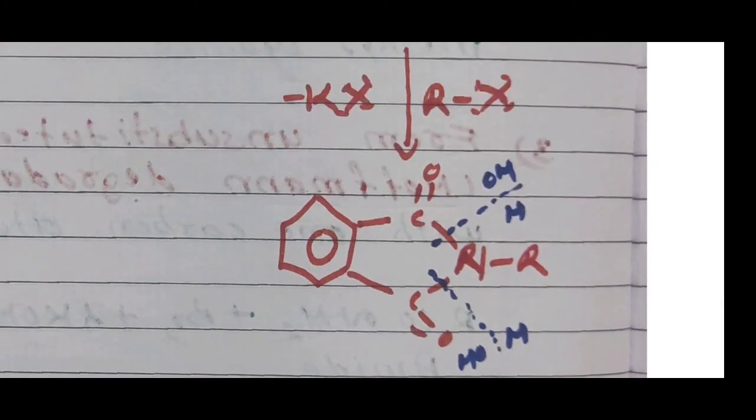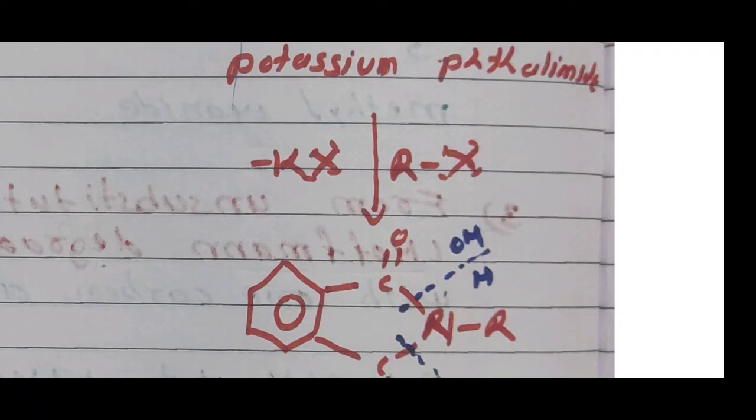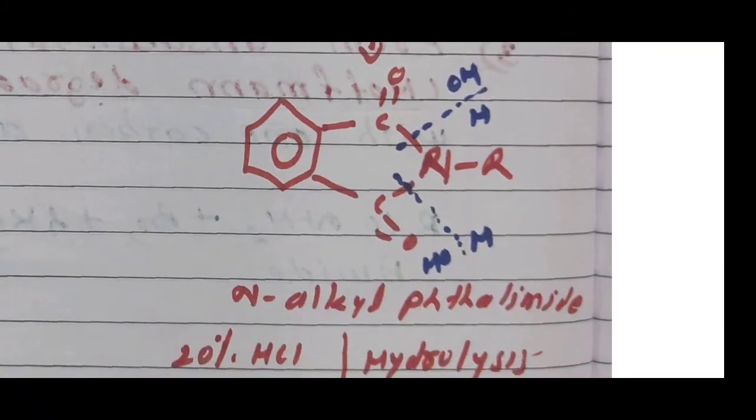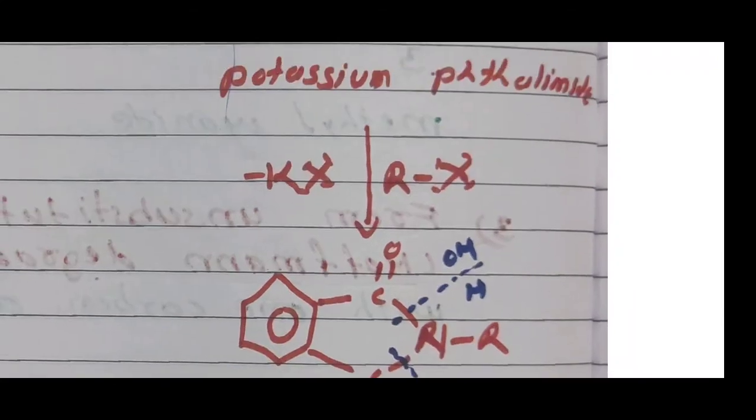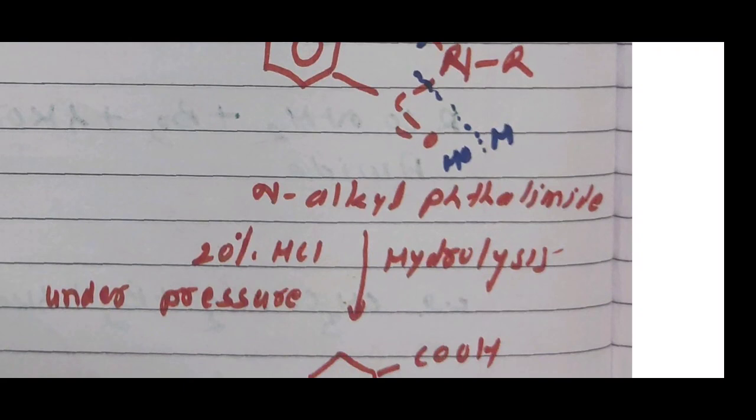In potassium phthalimide, K is replaced by an alkyl group, so an alkyl group is attached to the nitrogen atom, forming N-alkyl phthalimide. That means potassium phthalimide reacts with alkyl halide, releasing potassium halide, R is attached to the nitrogen atom, and N-alkyl phthalimide is formed.